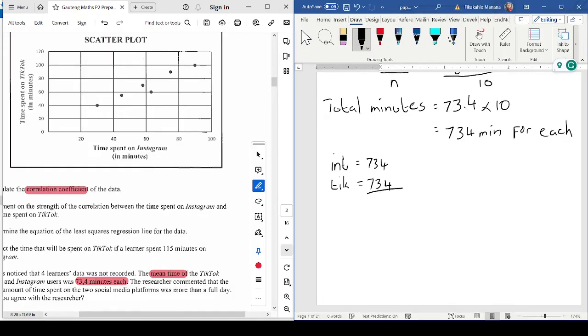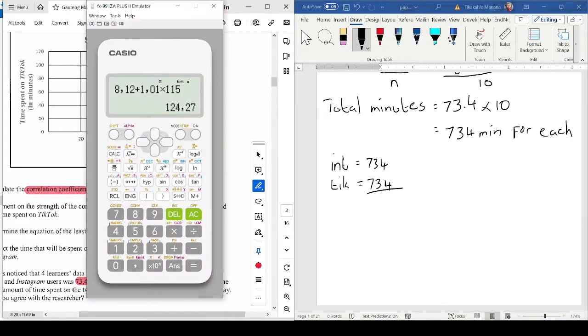The total time, let's just add them up, is 734 plus 734. It gives us 1468 minutes. This is the total time now.